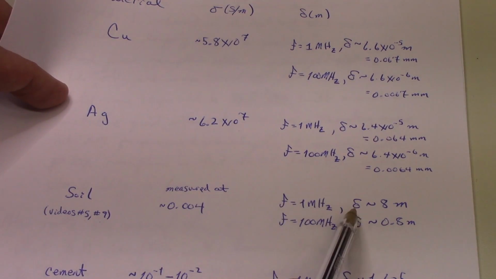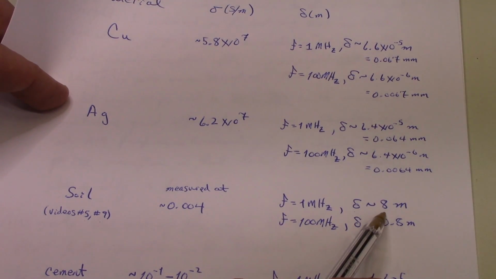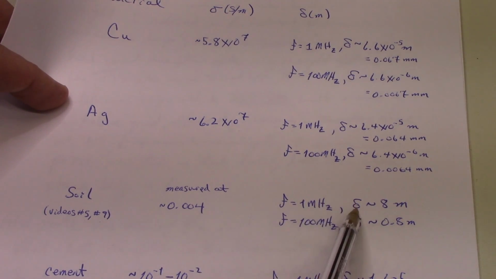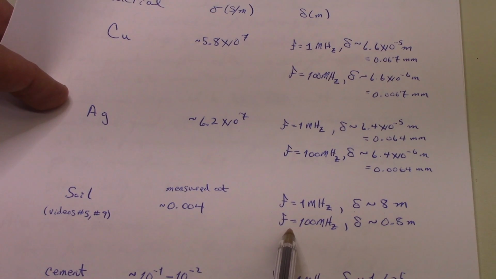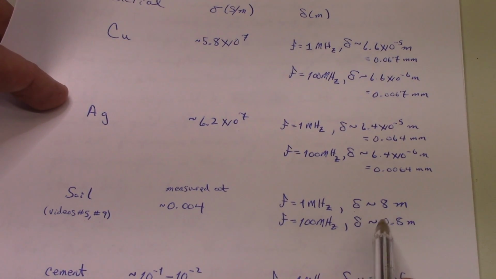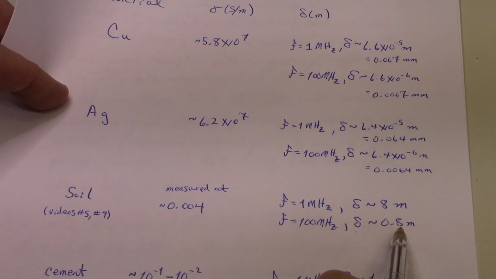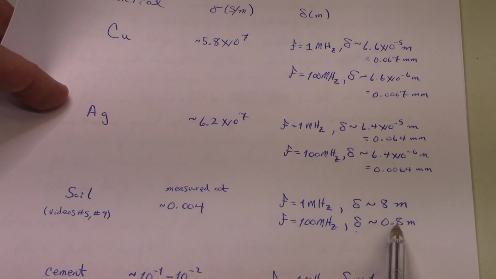And at 1 megahertz, that means that the skin depth is about 8 meters. In other words, you should be able to receive the AM broadcast band in your basement with no trouble at all. At FM frequencies, at 100 megahertz, FM broadcasts I should say, in the United States, the skin depth goes down an order of magnitude, right? Because you're taking the square root of F, or the square root of 100 is 10, so you're just dividing 8 by 10, so you get 0.8 meters.